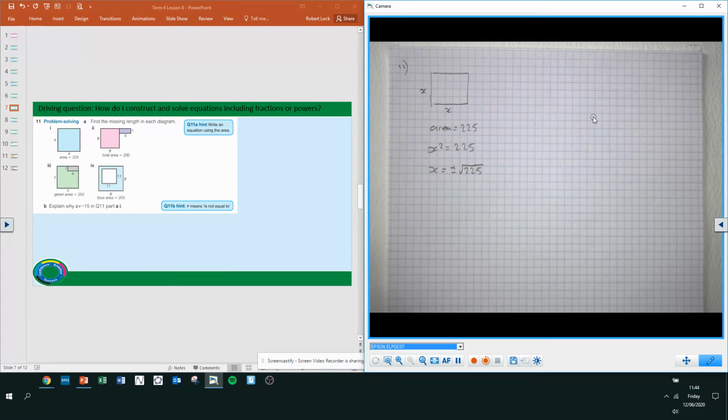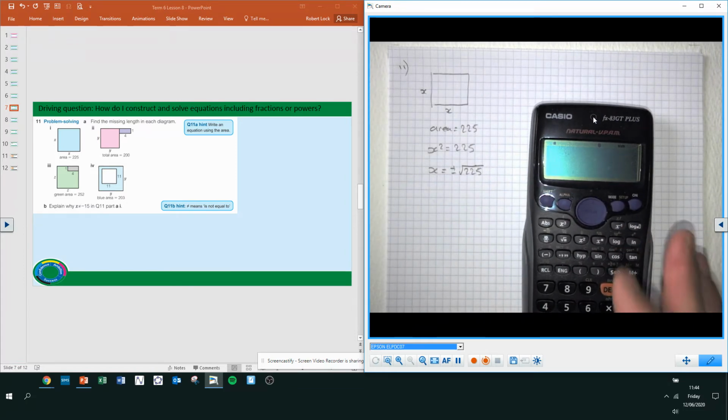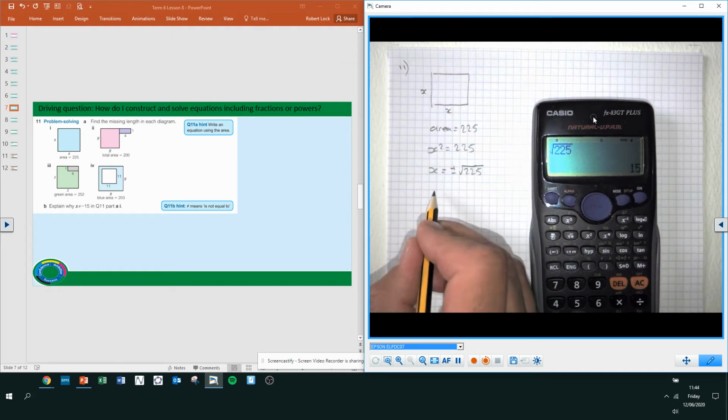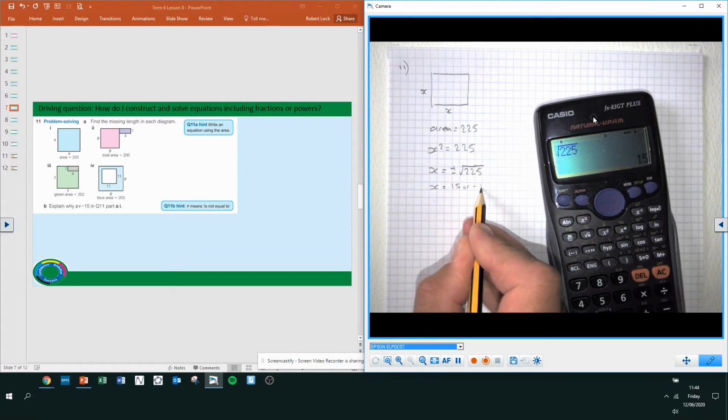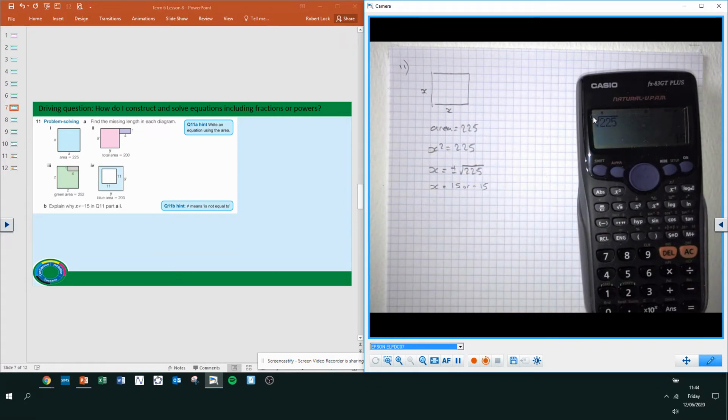So calculator. The square root of 225 equals 15. So x equals 15 or minus 15. Now, if we're using lengths, we wouldn't use a minus number, we just use 15. So the answer is 15.